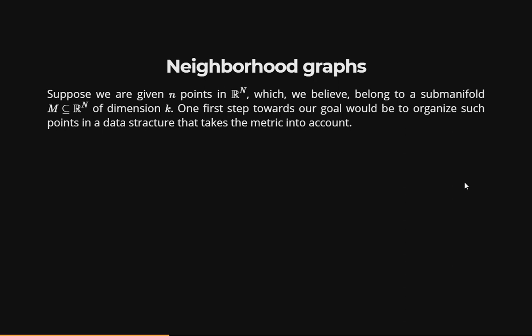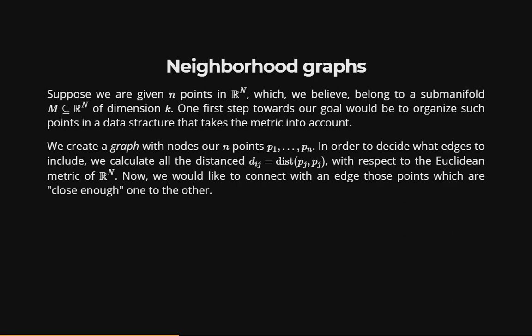We would like to organize such points in a data structure that takes the metric into account. So it's a graph which, spoiler, is a graph whose nodes are the points and whose edges connect close-by points. So the nodes are the points, and we calculate the distances with respect to the Euclidean metric of the ambient space. Okay?